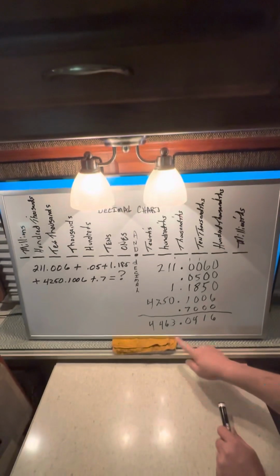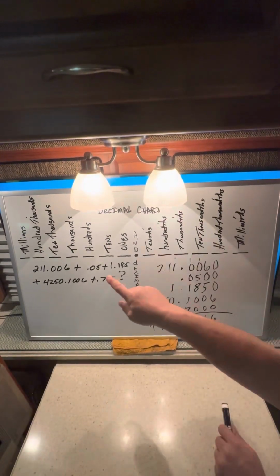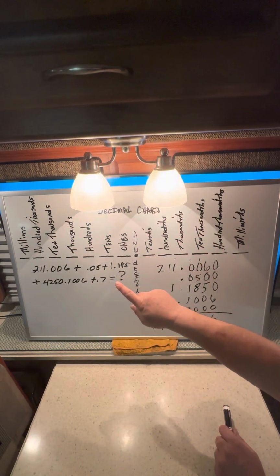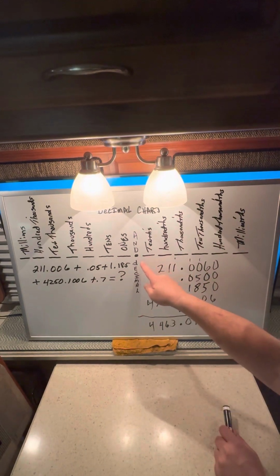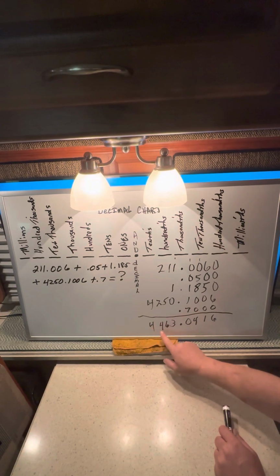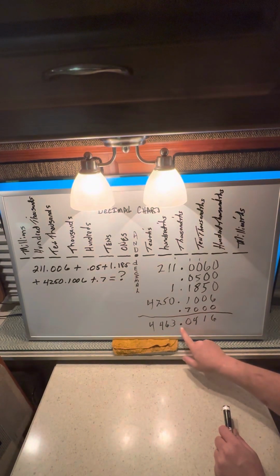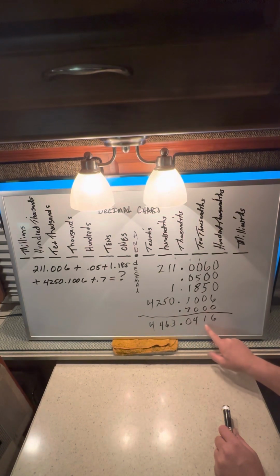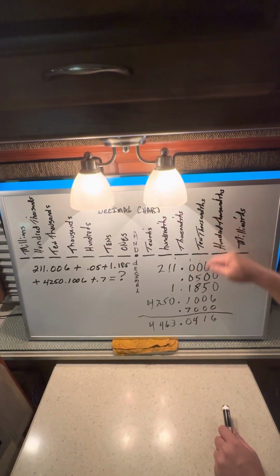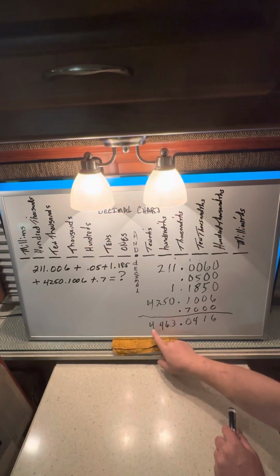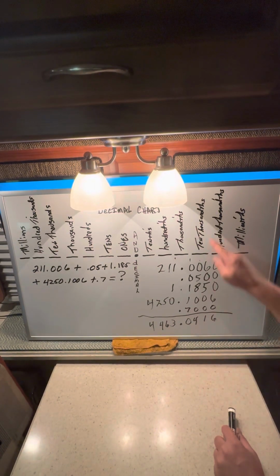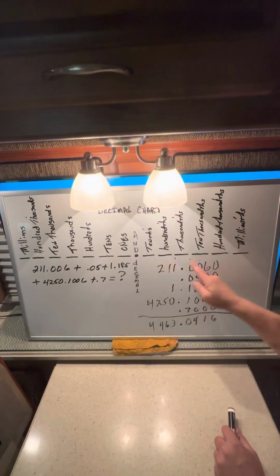Now, how would you say this number? Well, you use this up here. This would actually be under the ten-thousandths, right? Because it's the fourth spot from the decimal. 1, 2, 3, 4. So you'd say this number just like money, 4,463 and 416 ten-thousandths, because it comes over this far.